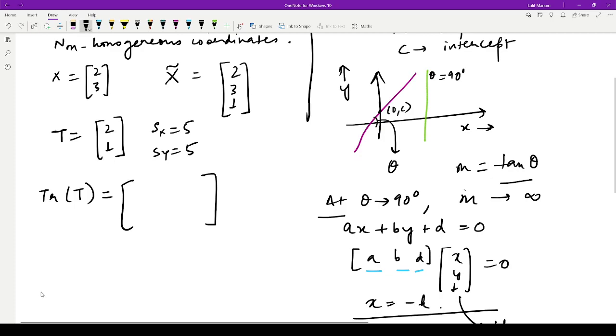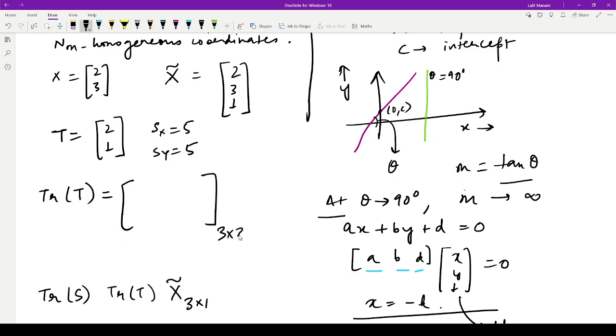Your transformation should look like this: the scaling transformation multiplied by the translation transformation, which is multiplied by the homogeneous coordinates. I mean matrix multiplication, matrix-vector multiplication. What is the size of this homogeneous coordinate? 3 cross 1. What should be the size of the transformation for the translation? 3 cross 3.